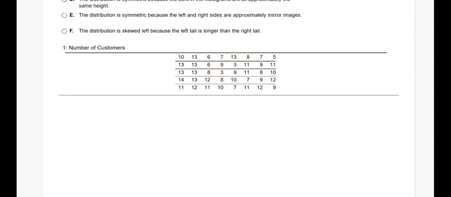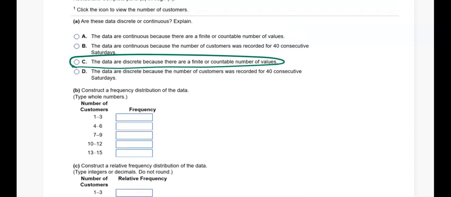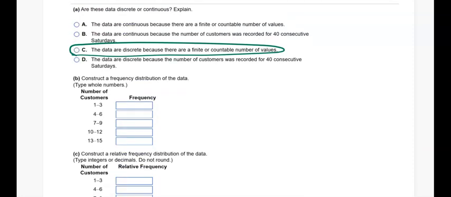So this first class has a frequency of 2, because there are 2 data values between 1 and 3. Remember that this first class includes 1 and also 3 because this is discrete data.